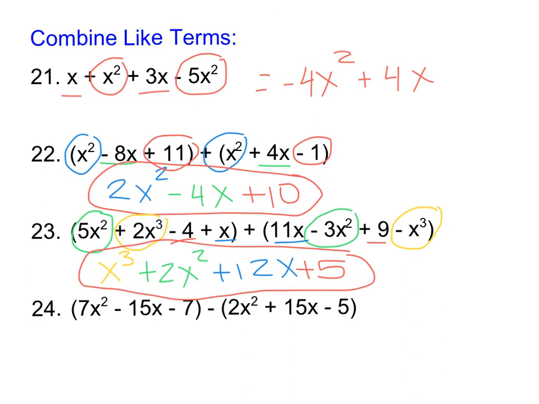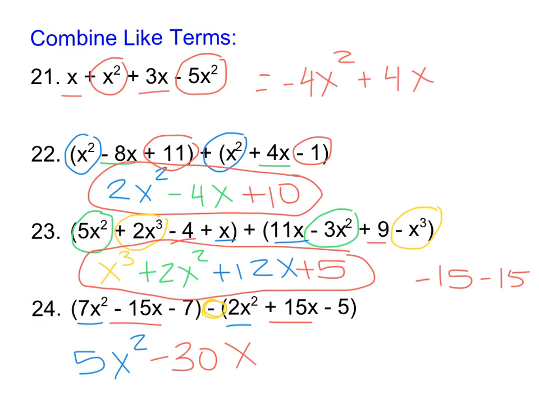Now, this last one's harder because what do you notice between them? It's a minus, so we're actually subtracting. So you want to think of subtraction when you do this. 7x squared minus 2x squared is 5x squared. Negative 15x minus 15x. So let's write that over here. Negative 15 minus 15 is negative 30x.